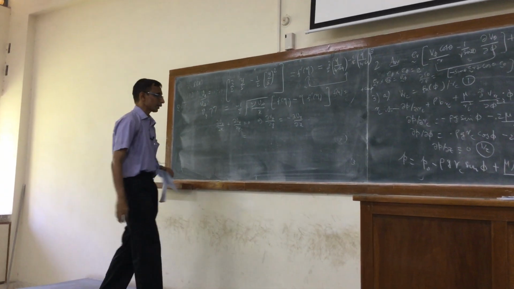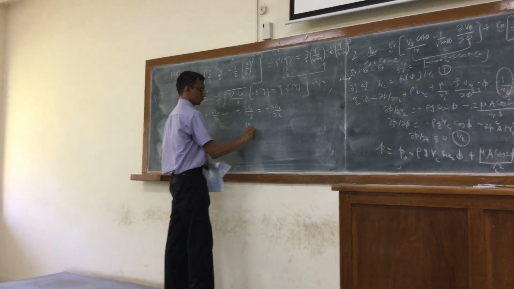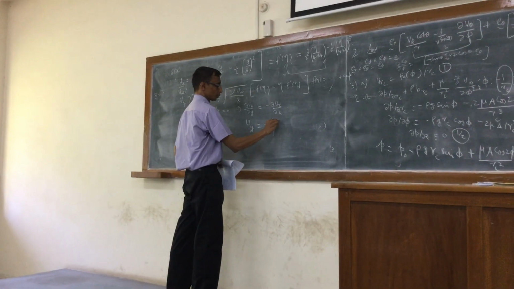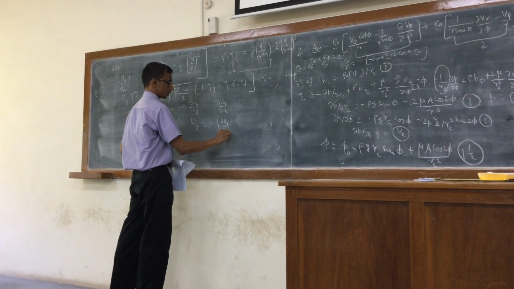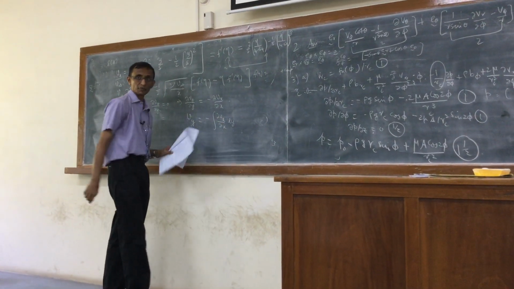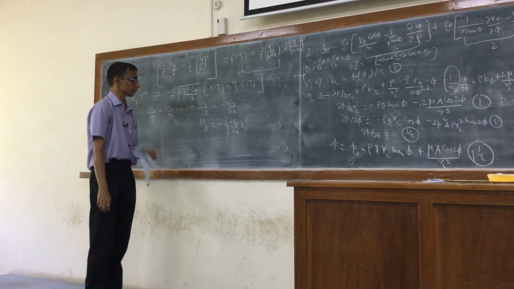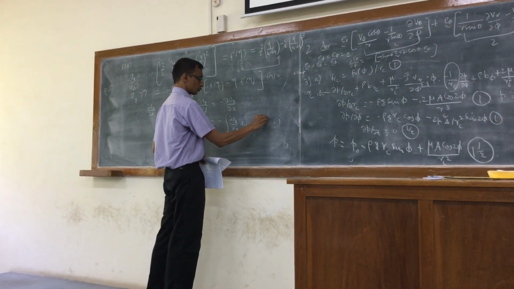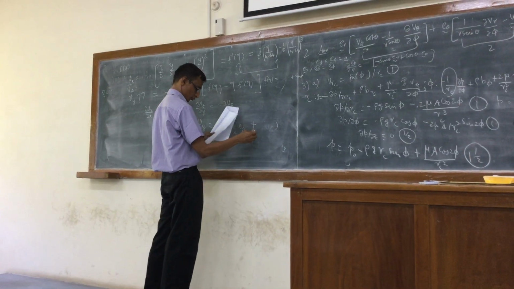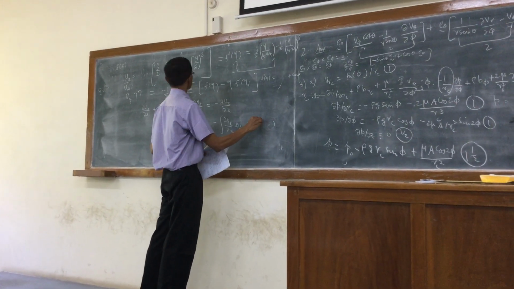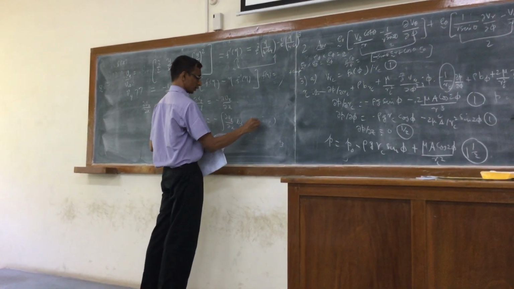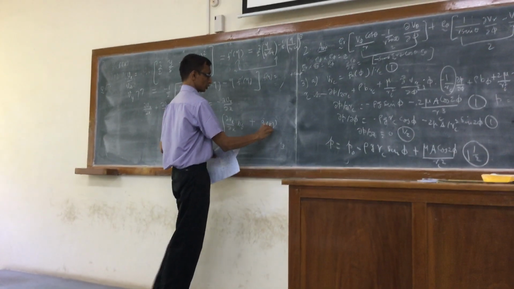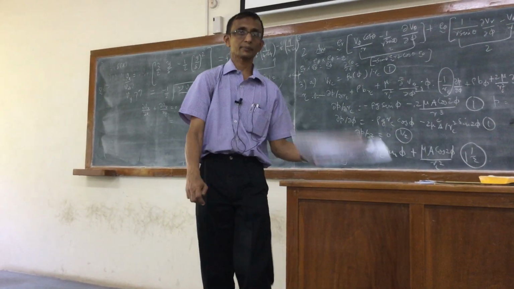So now I can integrate this with respect to y. It is a function of both x and y, but I can integrate it with respect to y, and this will give rise to some function of x. Let us say, since f is already used, some function of x.